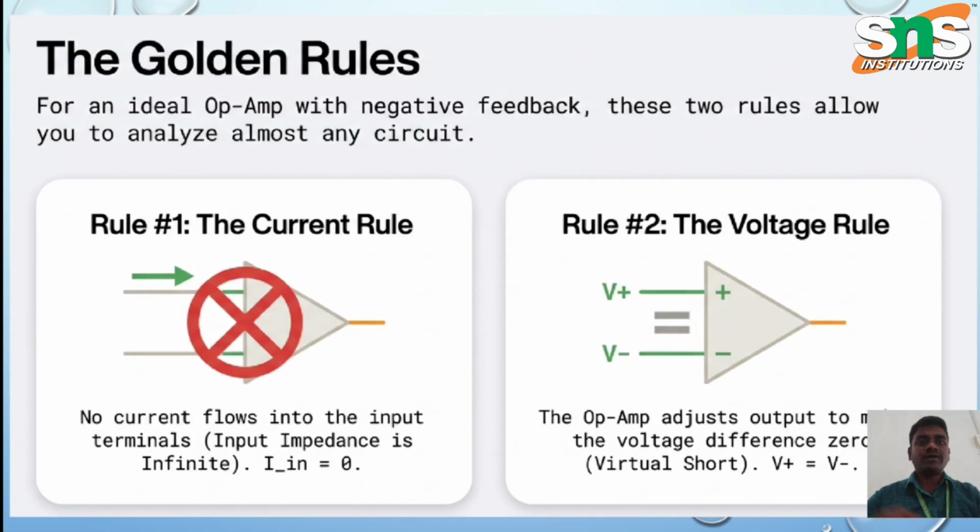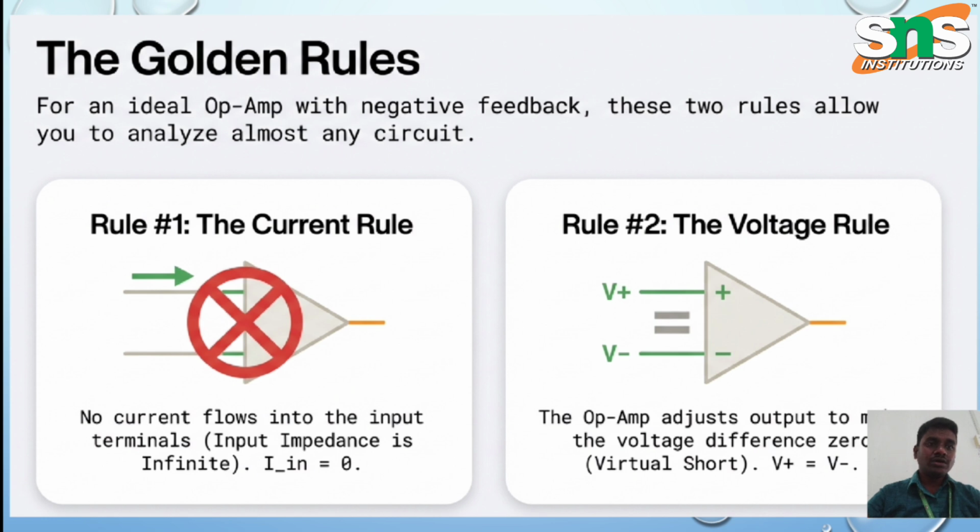The golden rules for the operational amplifier: for an ideal op-amp with negative feedback, these two rules allow you to analyze almost any circuit. First, the current rule: no current flows into the input terminals because the input impedance is infinite, very high.